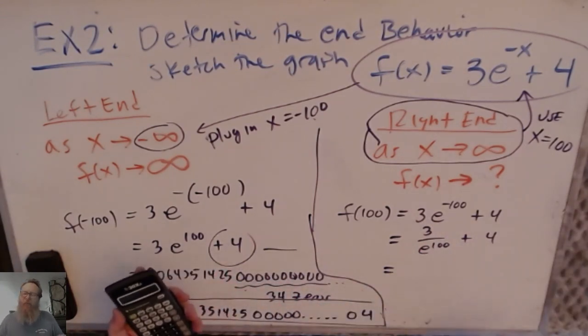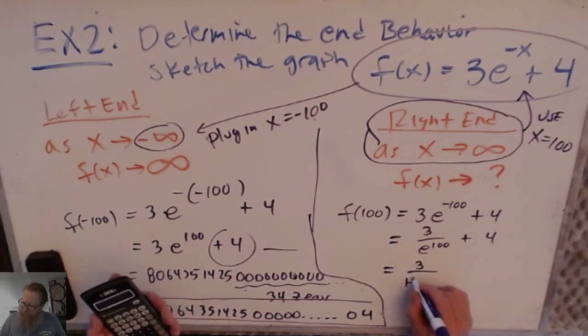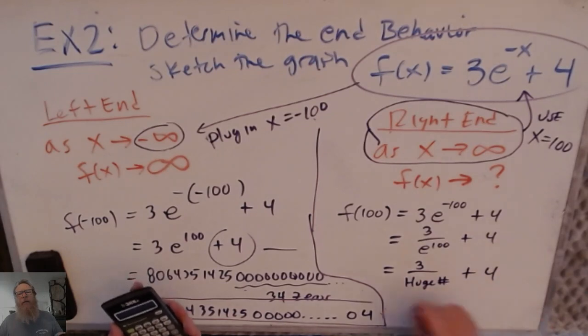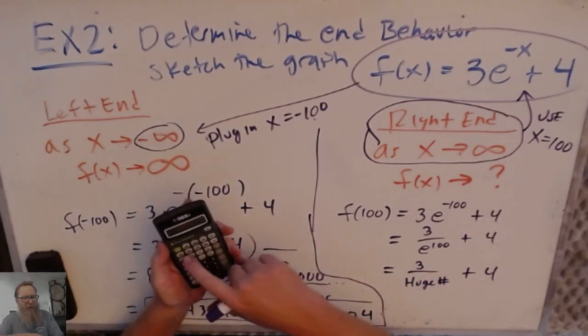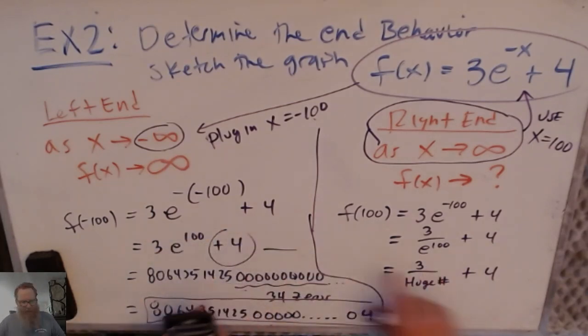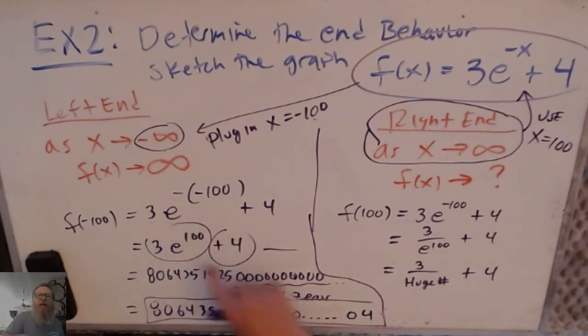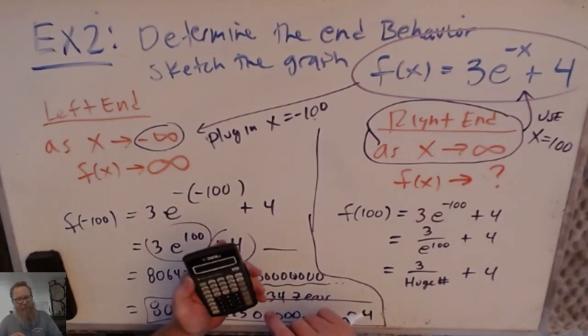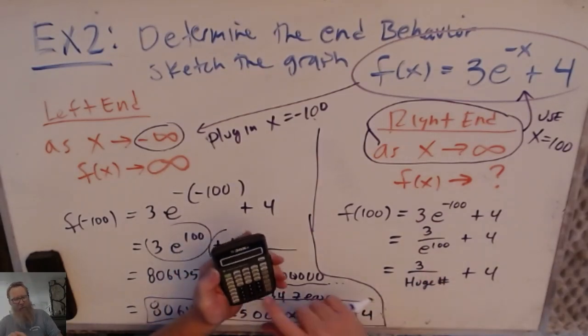You kind of already know what's going to happen, right? It's going to be 3 divided by a huge number. We already know that, right? E to the 100, we already did it. E to the 100 was this huge number down here. Last time we multiplied by 3. This time we're doing 3 divided by it.